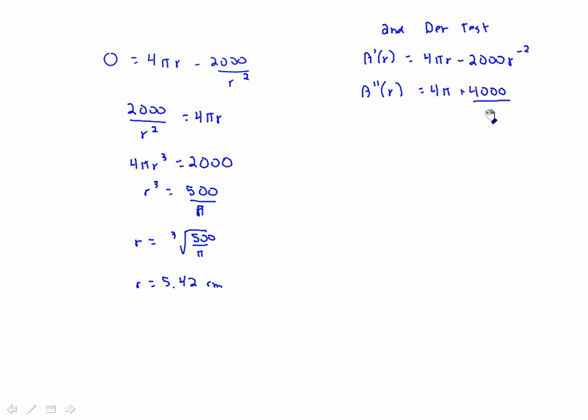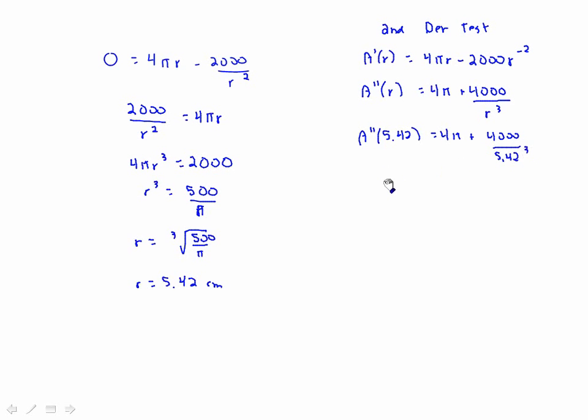And I'm going to go right to the bottom, r cubed. So then when I take the second derivative at r equal to 5.42, I'll get 4 pi plus 4000 over 5.42 cubed.